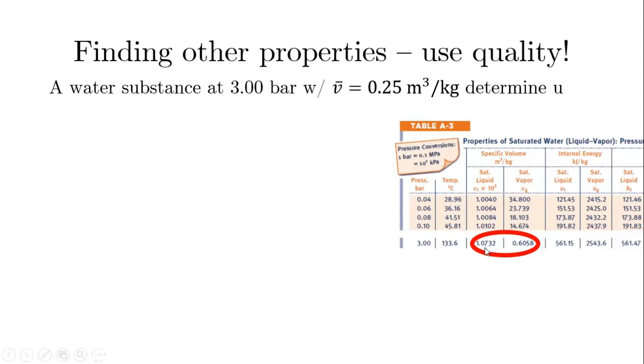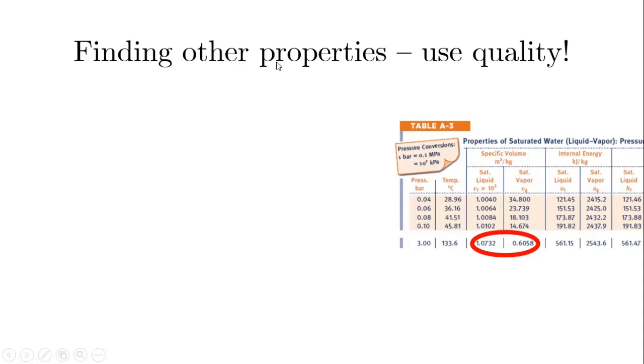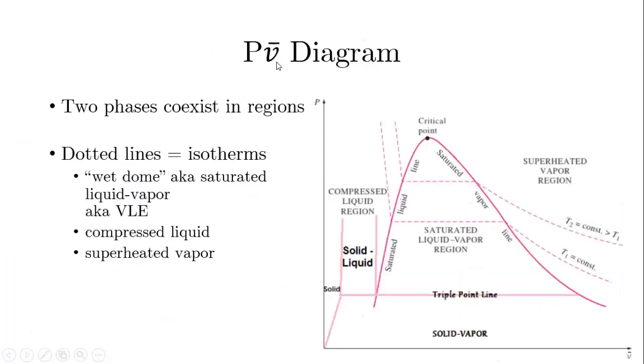So I'm starting with a really small number and I'm going all the way to 0.6. Okay. So if in the question I said that the volume was 0.6058, that would mean that even though I'm saturated, all of it is a gas. So going back to that chart here, I know we're somewhere here. We don't know where we are. This corresponded to a really, really small value, 0.001, whatever it was.